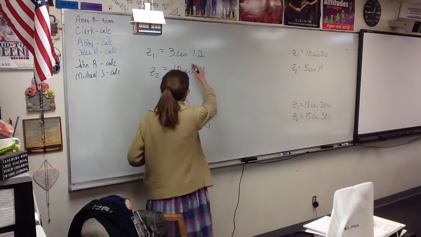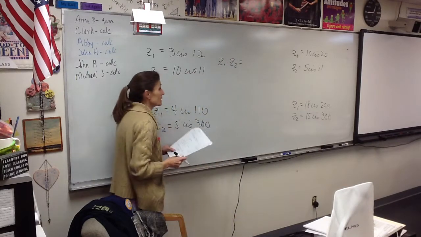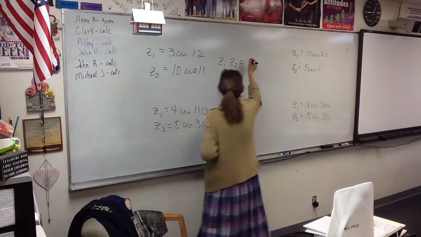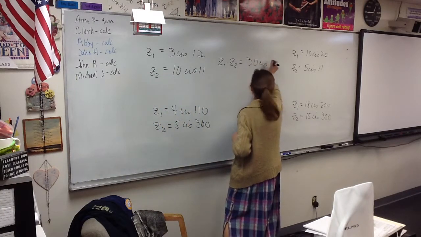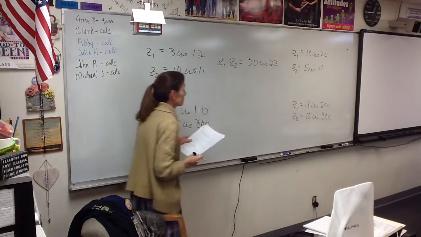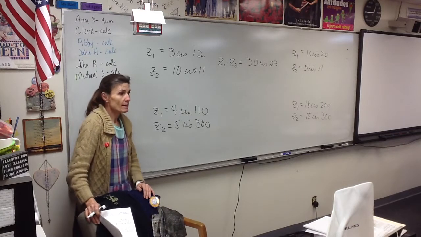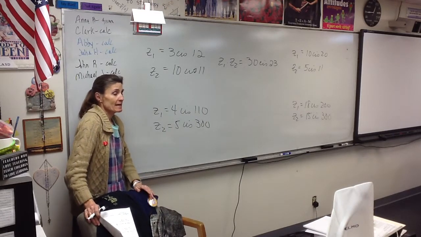I'm just going to do the first one. Multiply these two numbers together. Here would be the answer. So who can see how I got that answer?